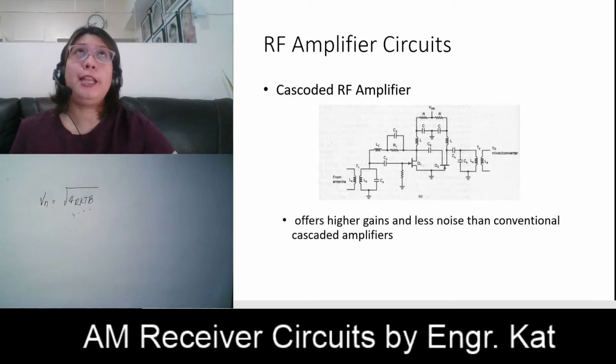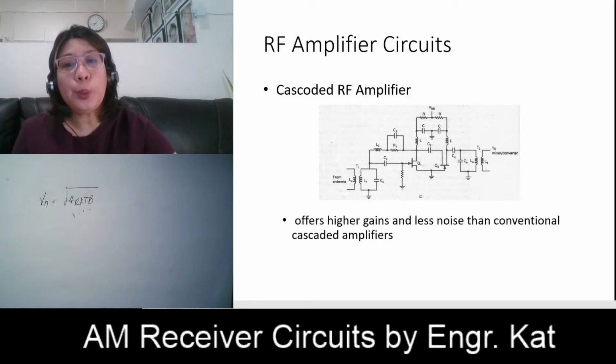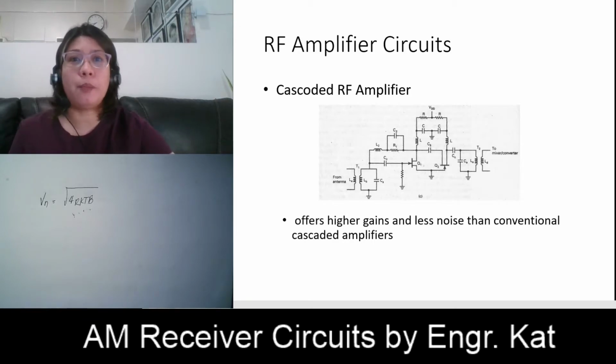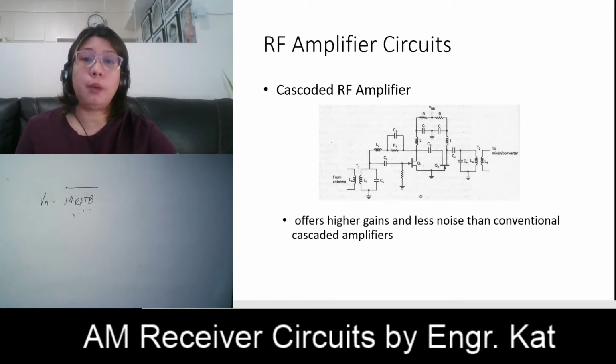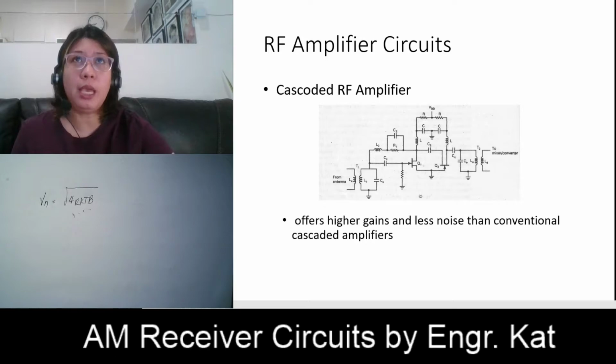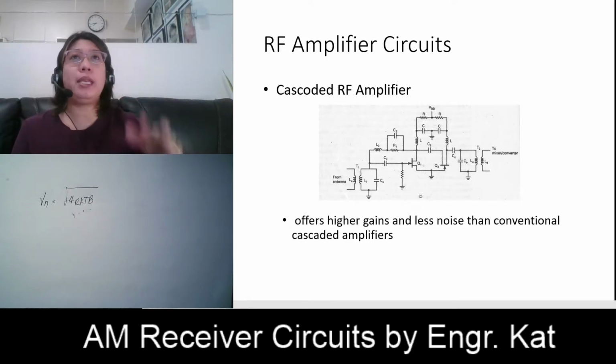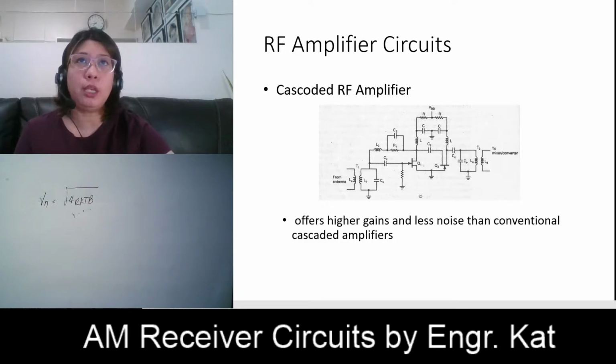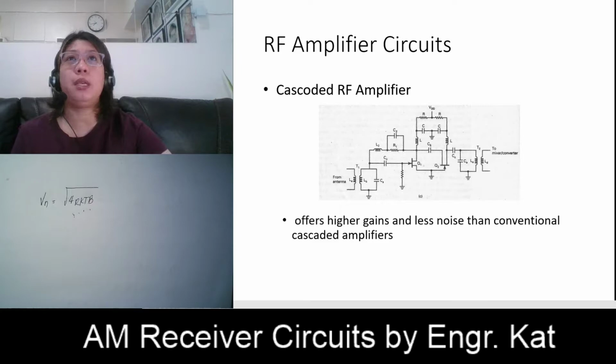In the BJT counterpart, it is usually a common emitter and a common base configuration. Your active device can either be a BJT or FET. In this example, we make use of FETs. Our Q1 is in common source mode.